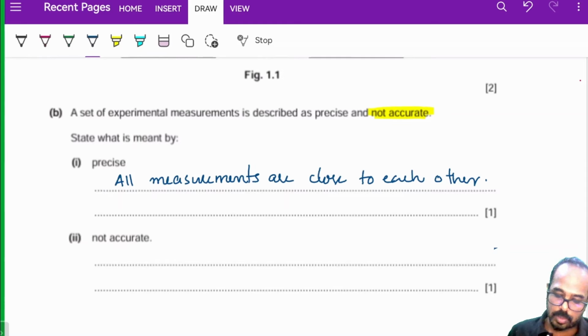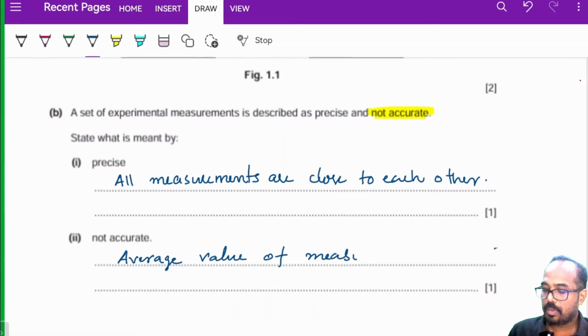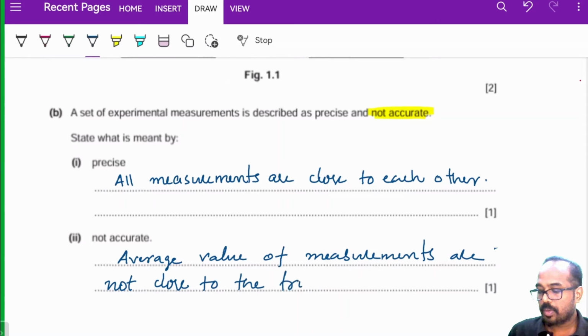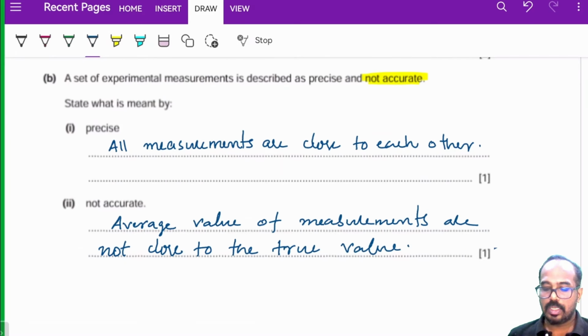So average value of measurements are not close to the true value. But these topics I have already explained in detail in my accuracy versus precision video. So if you have any doubt in this concept, you can watch that video and clear it.